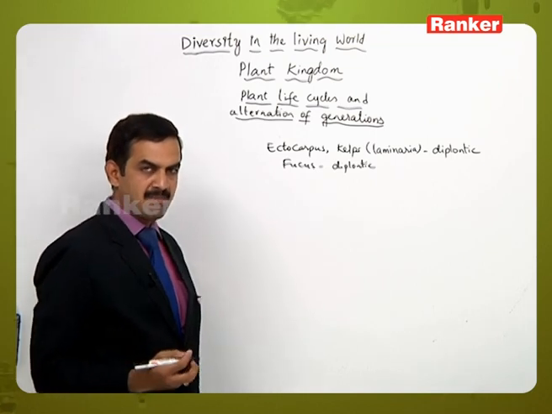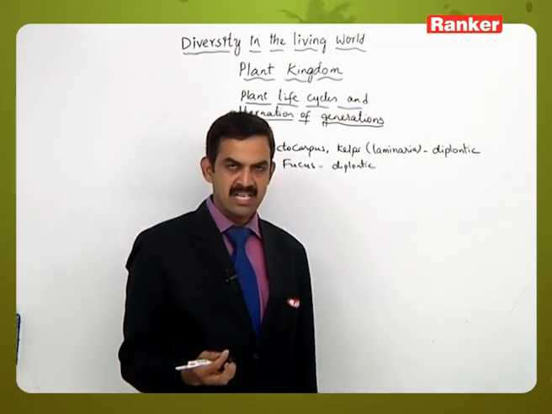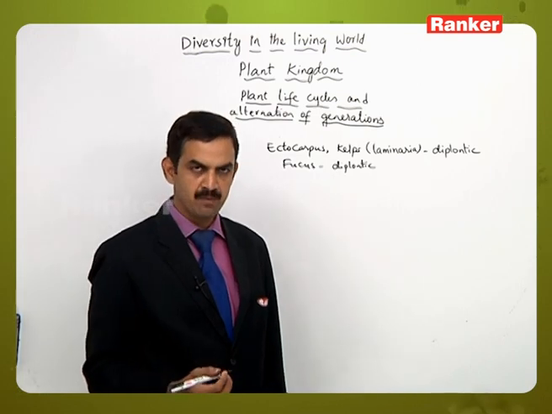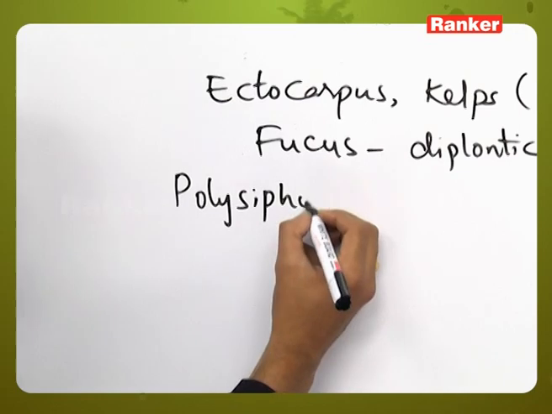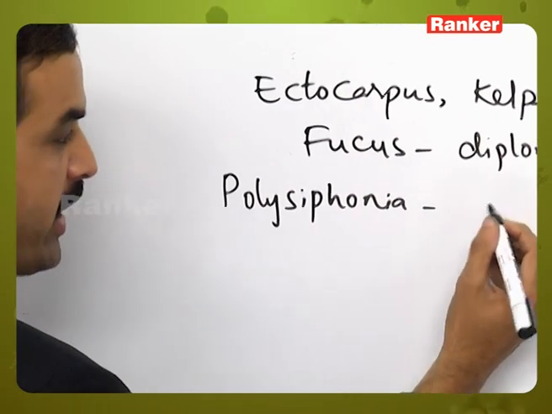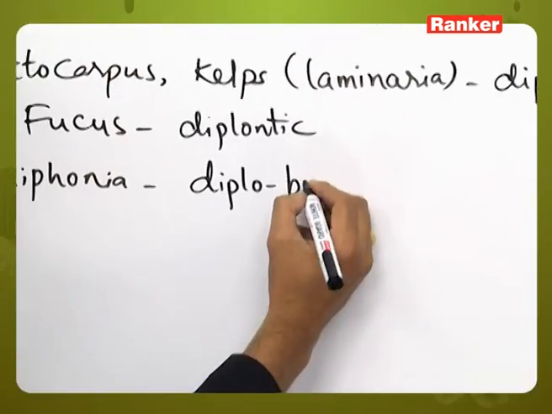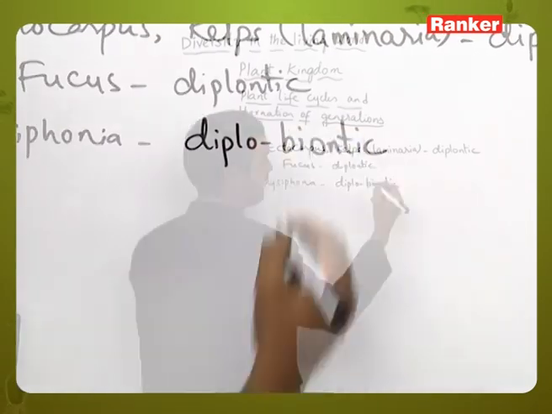But there are some members of Rhodophyceae, that is red algae, like Polysiphonia, which is showing the Diplobiontic type of life cycle.